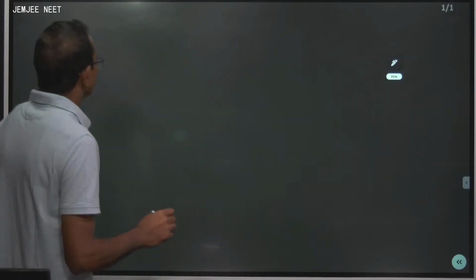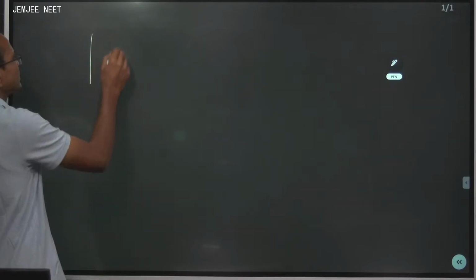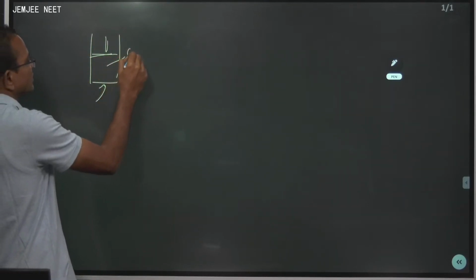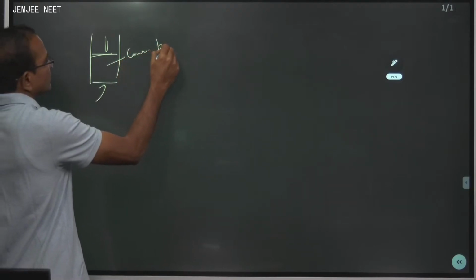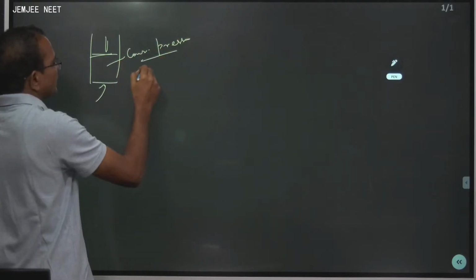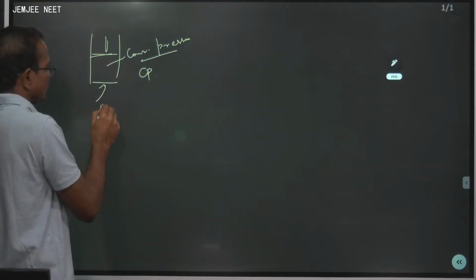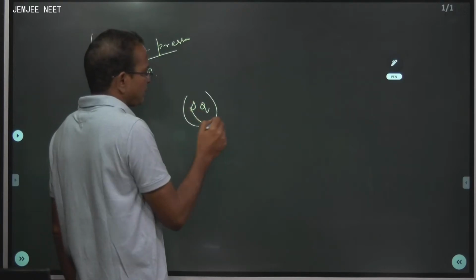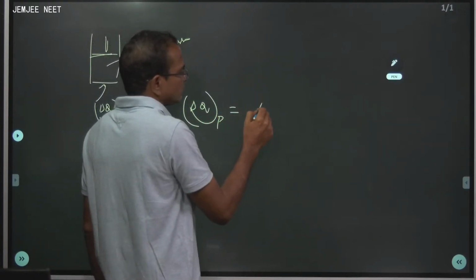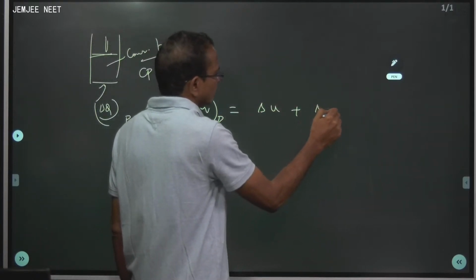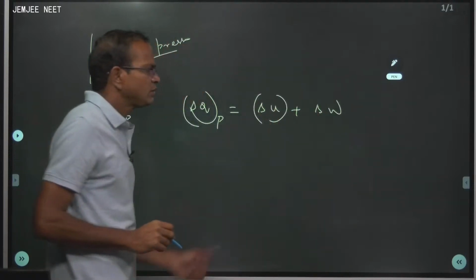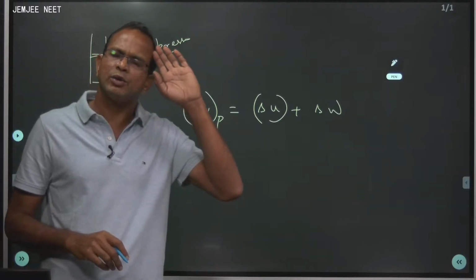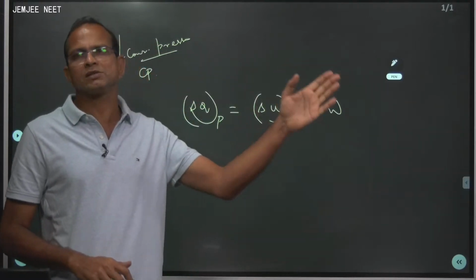Anyway, now I have a cylinder with a piston. I am heating it under constant pressure. Delta Q under constant pressure is given by delta U plus delta W. I have been telling you the best way to manage delta U: whenever you want to think about internal energy, think about constant volume.